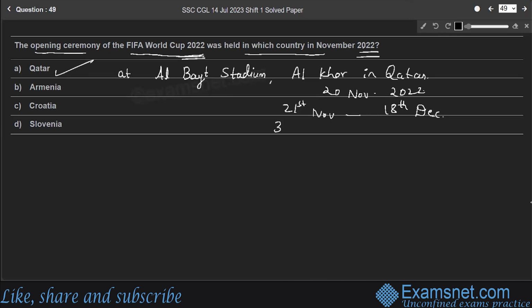So the FIFA World Cup 2022 was held in Qatar. Option A.